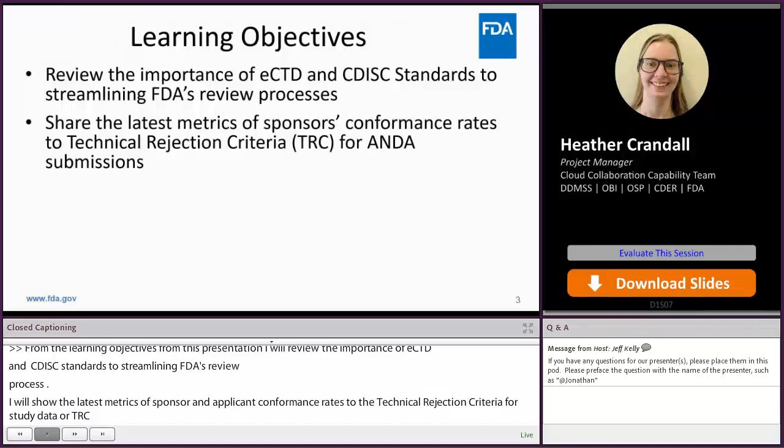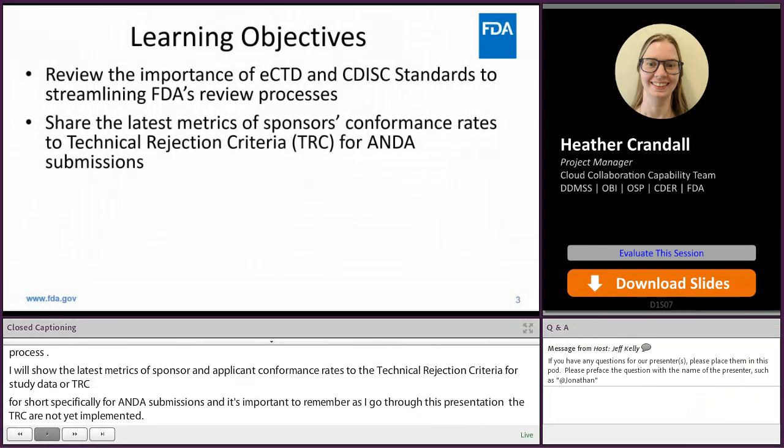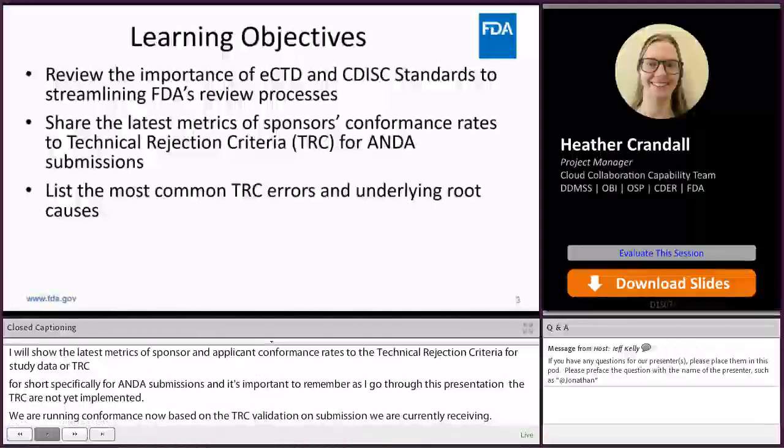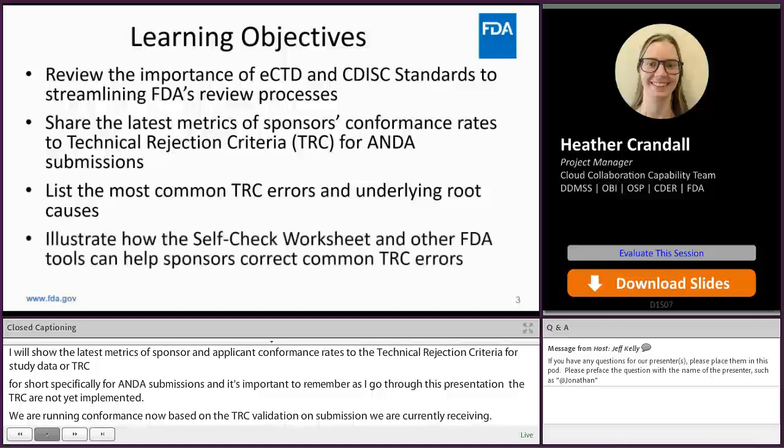So we are running conformance analysis based on the TRC validation on submissions we are currently receiving. I'm also going to discuss the common error reasons that our conformance analysis shows and the underlying root causes, and then how the self-check worksheet can assist sponsors with avoiding these common errors for the technical rejection criteria for study data.